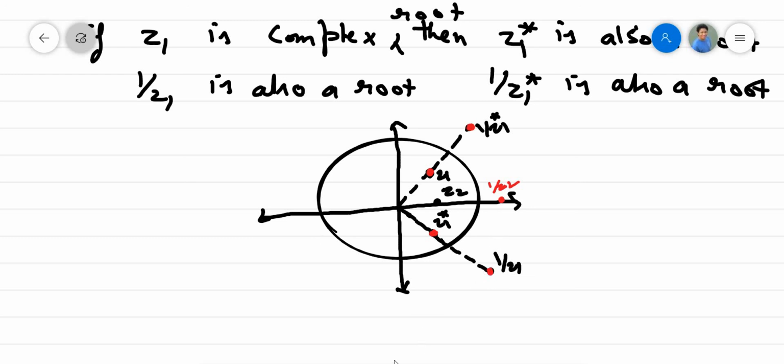Similarly, these are the zero locations. We have a zero at this point, Z3. Then there will be a complex conjugate Z3 conjugate at this point, and then 1 by Z3 at this point, and 1 by Z3 conjugate at this point.